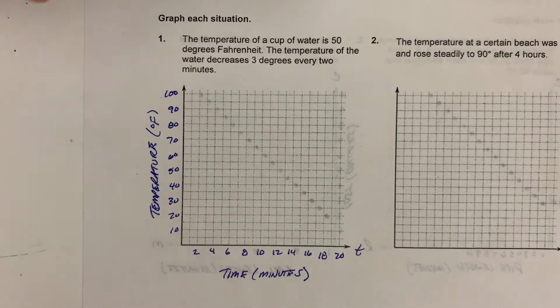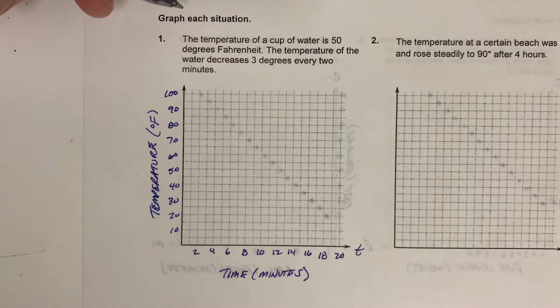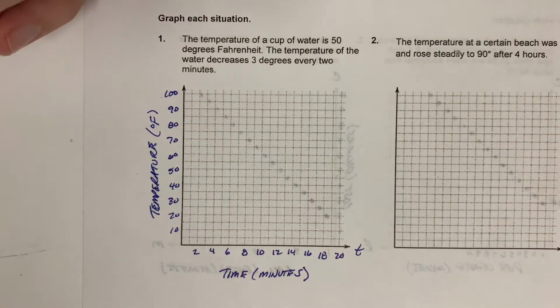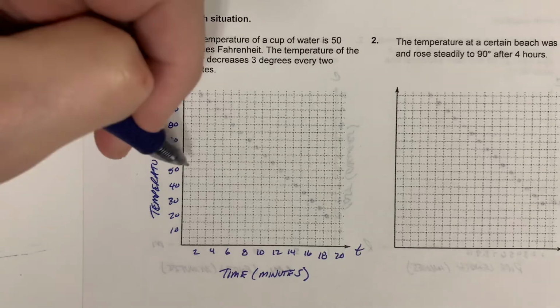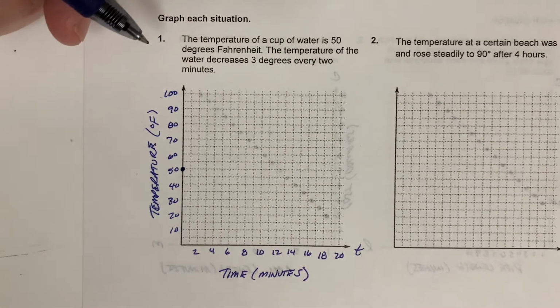All right, so this one says the temperature of a cup of water is 50 degrees. So at time 0, it goes up to 50 degrees, right there. And it's going to decrease 3 degrees every 2 minutes.